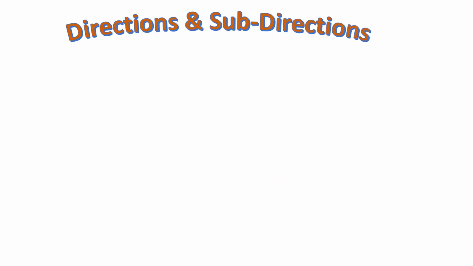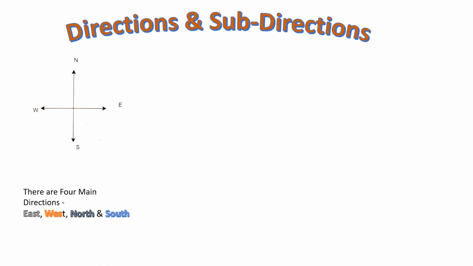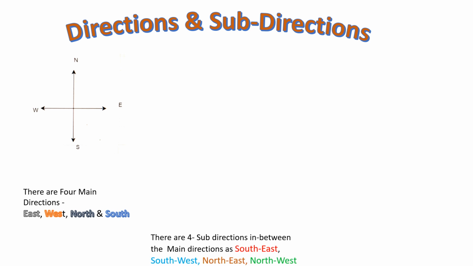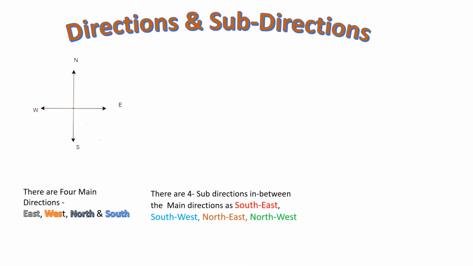Now come the directions and subdirections. Where to? You will get the answer for the second question, where to. As you know very well, there are 4 main directions: east, west, north and south. Apart from that, in between these 4 main directions, there are 4 sub-directions: southeast, southwest, northeast and northwest.